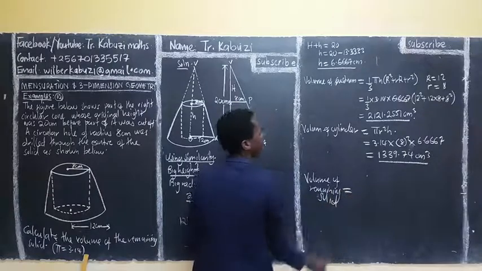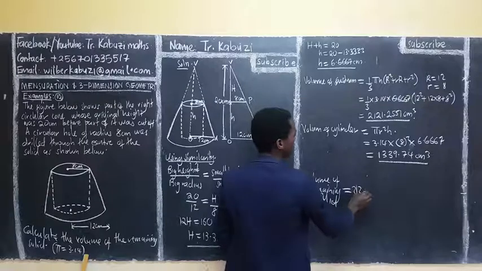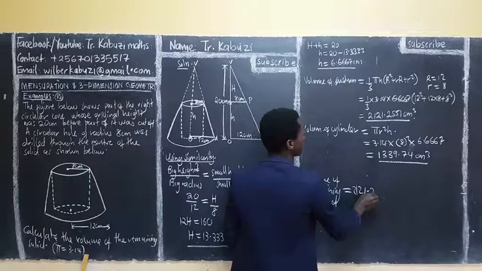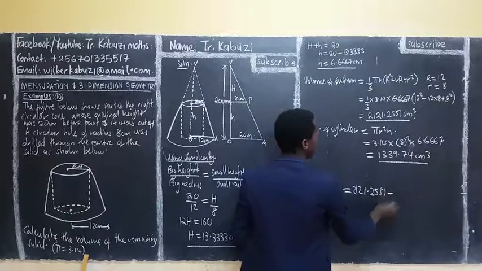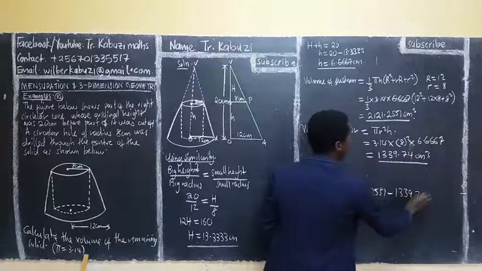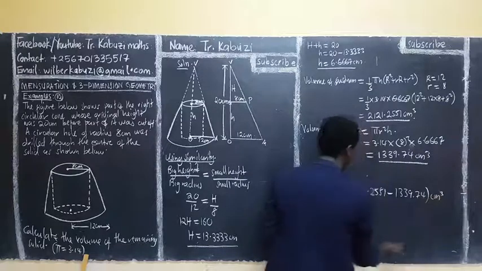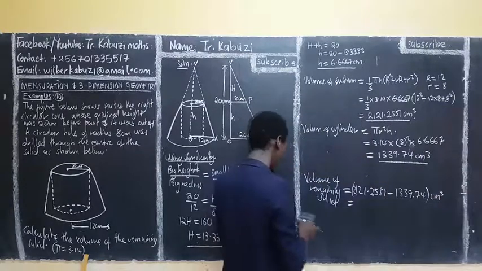Now meaning that the volume of the remaining solid is going to be the volume of this first one, 1.2551, then minus 39.74. All these are in cubic centimeters.